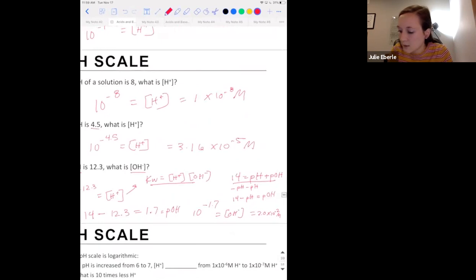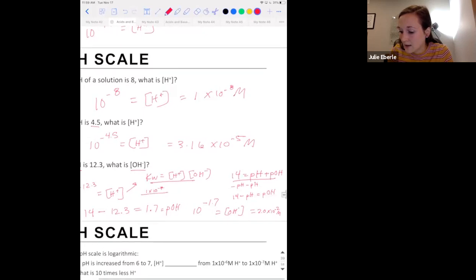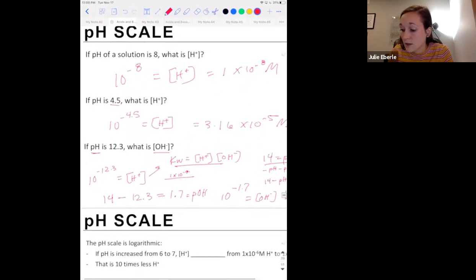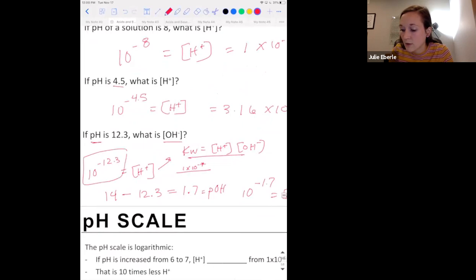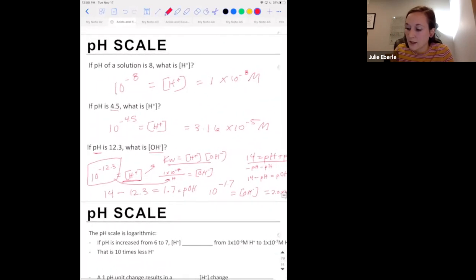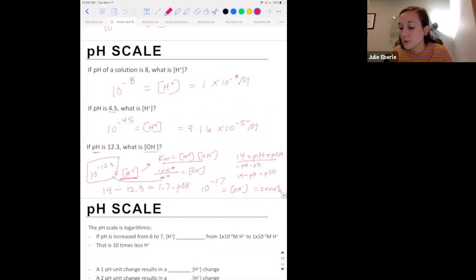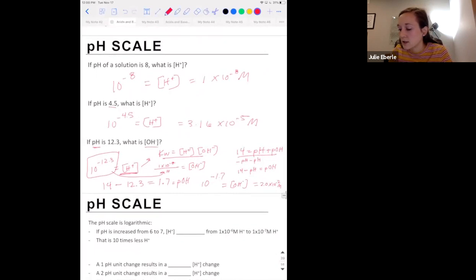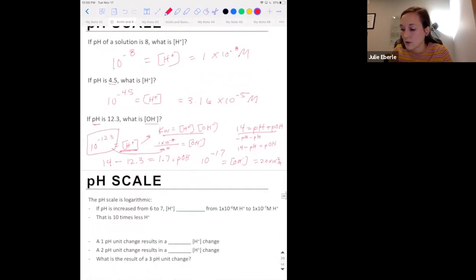If you did use KW, you would plug in the 1 times 10 to the minus 14 and divide that by the concentration of H plus. You would want to put the H plus value in your calculator first, get this value, and then do 1 times 10 to the minus 14 divided by that number, and that would give you the concentration of OH minus. Or you can do what we did: 14 minus pH gives you pOH, and then 10 to the negative pOH gives you the concentration of OH minus.